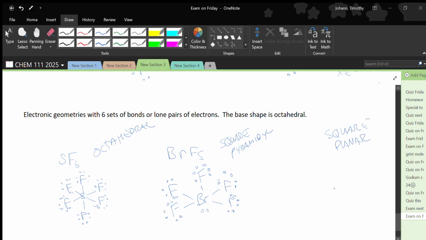All right, so for square planar, we have 2 sets of electrons on it. A good example of that would be XeF4. So xenon tetrafluoride. And so that's going to have a lone pair above and a lone pair below, and then it's going to have a plane that I have fluorines in, like so.